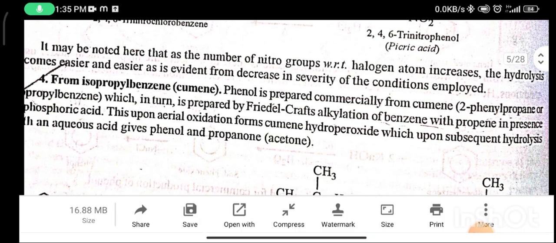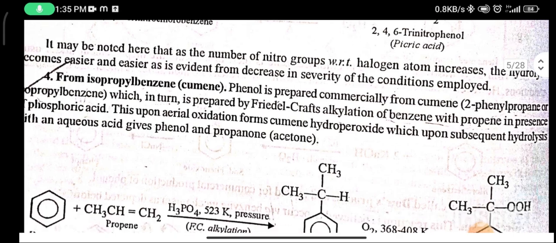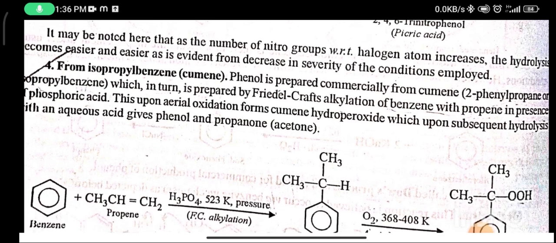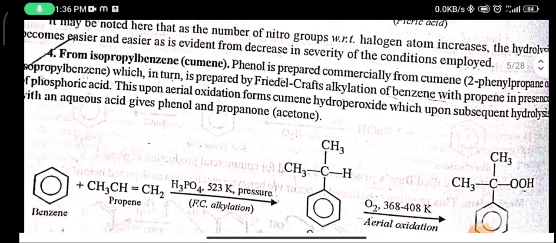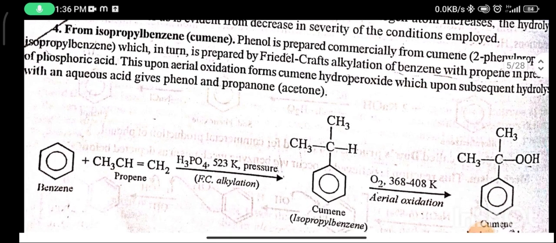From isopropylbenzene, cumene. Phenol is prepared commercially from cumene, 2-phenylpropane or isopropylbenzene, which in turn is prepared by Friedel-Crafts alkylation of benzene with propene in the presence of phosphoric acid. This upon aerial oxidation forms cumene hydroperoxide, which upon subsequent hydrolysis with an aqueous acid gives phenol and propanone or acetone.